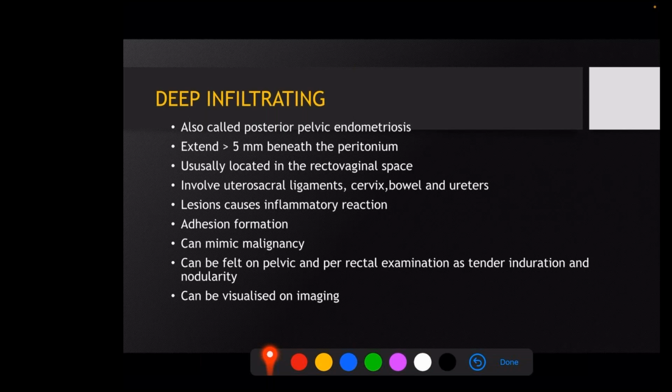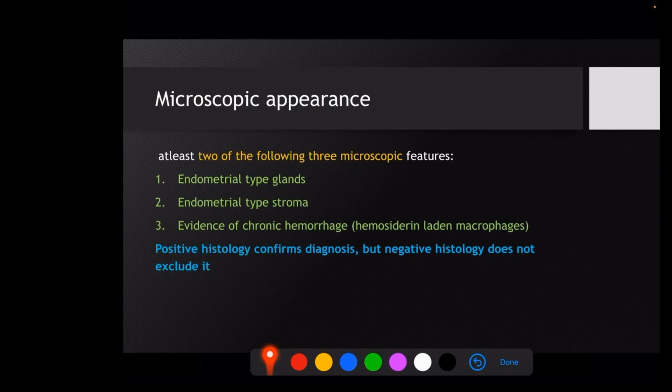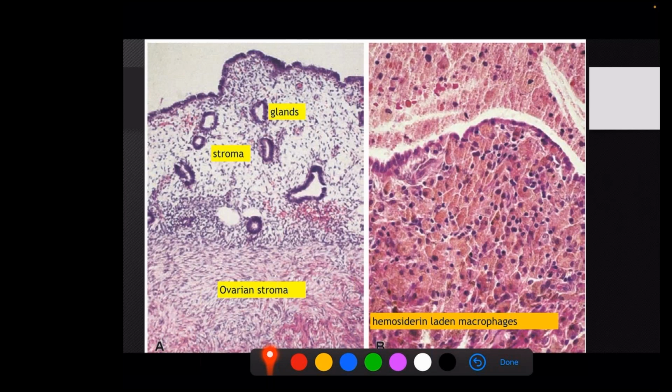Then the microscopic appearance of endometriosis. Microscopic appearance, or histologic diagnosis of a biopsy specimen. Microscopically, the endometriotic lesion consists of endometrial glands and stroma, and hemosiderin-laden macrophages, or evidence of chronic hemorrhage, are often seen.